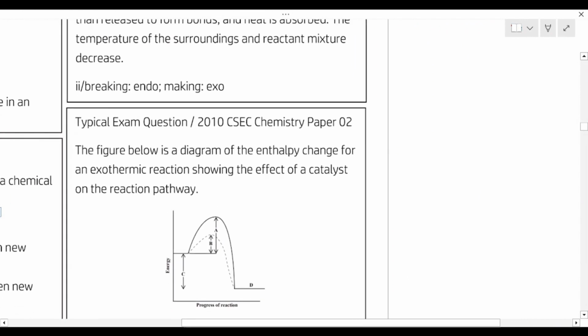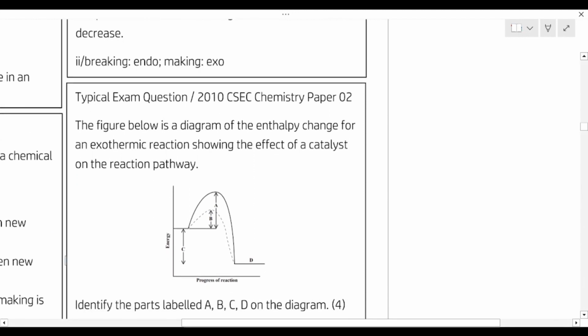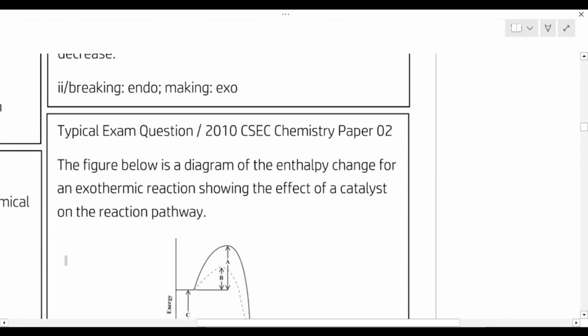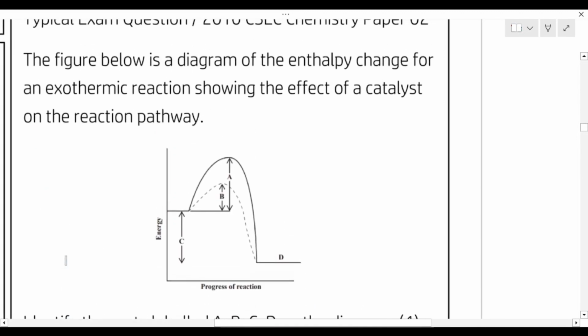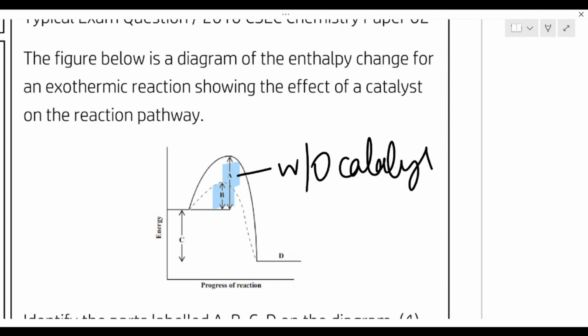The figure below is a diagram of the enthalpy change for an exothermic reaction, showing the effect of a catalyst on the reaction pathway. Identify the parts labeled A, B, C, and D. So we know that A here is going to be our activation energy, but that's also B. So the difference is that A is the activation energy without the catalyst, and B is the activation energy with a catalyst.